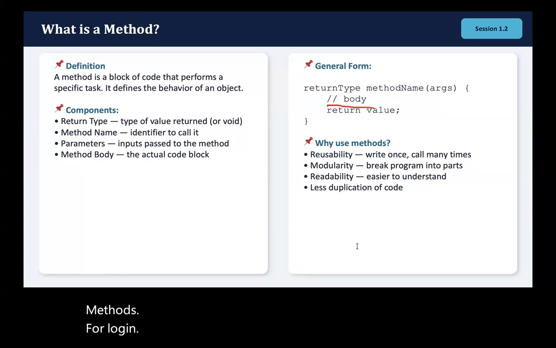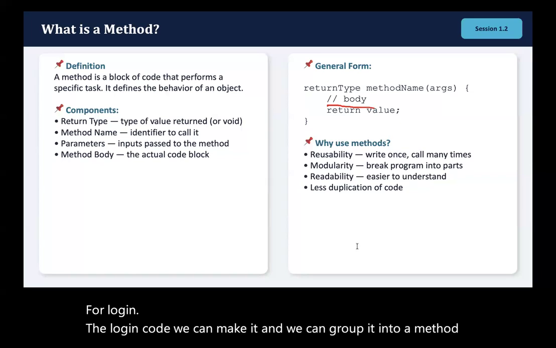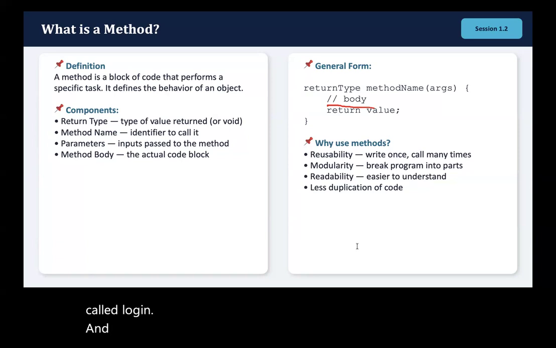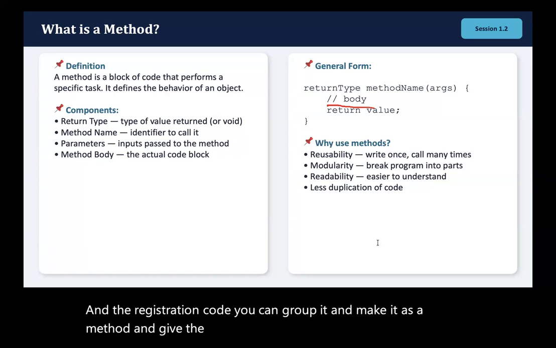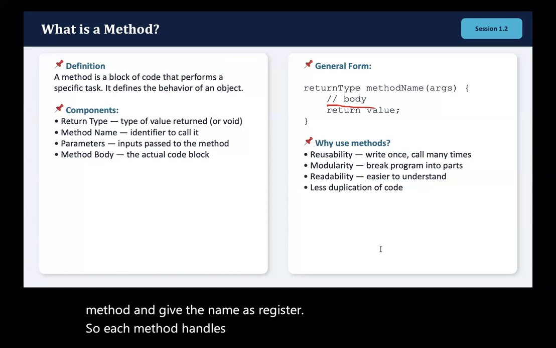The login code, we can group it into a method called login. And the registration code, you can group it and make it a method and give the name register. So each method handles one task.